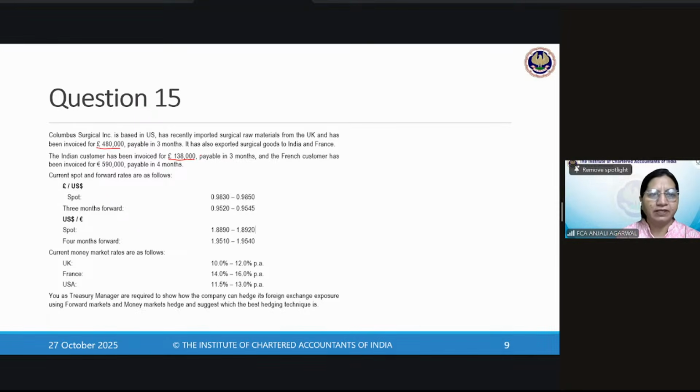So for 480 minus 138, the balance amount, you should hedge using money market hedge. As you have payables in pounds, you should ensure that exactly after 3 months, you have pound receivables. Similarly, the French customer will pay after 4 months, so we need to hedge using a money market instrument.